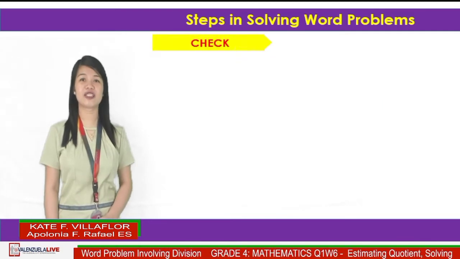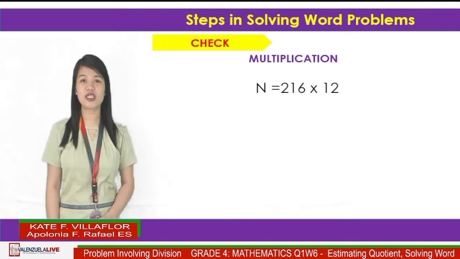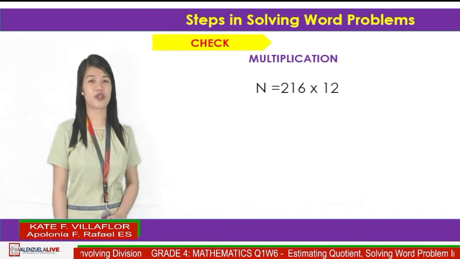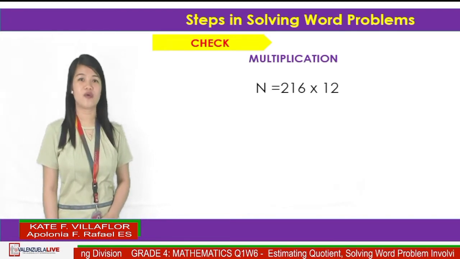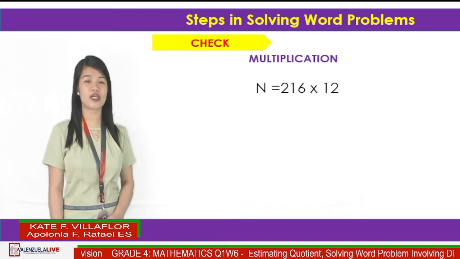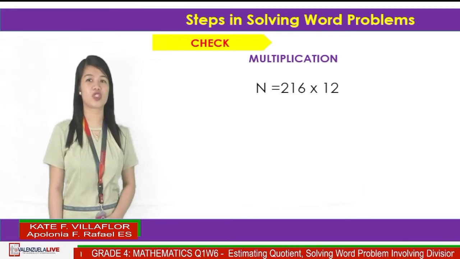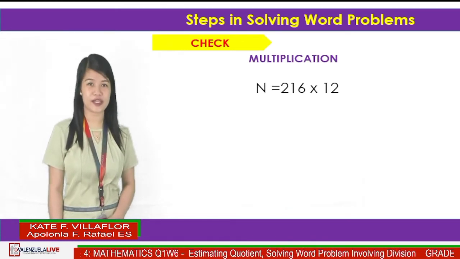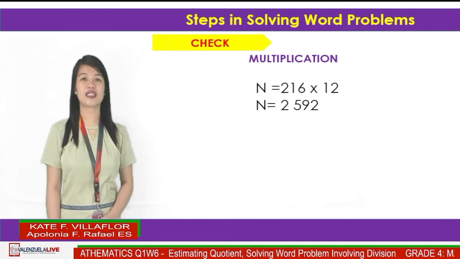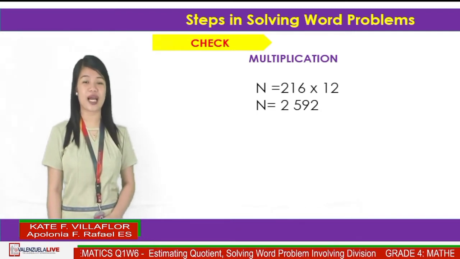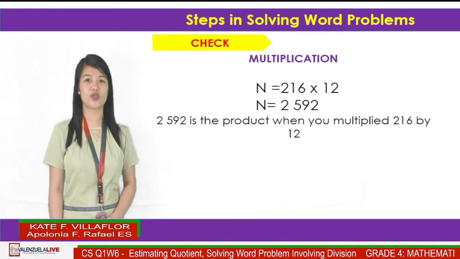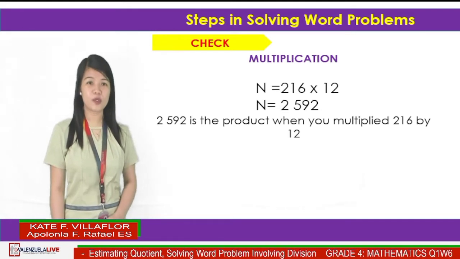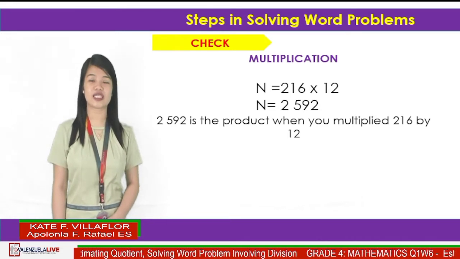Let's check the answer. We're going to multiply the quotient and the divisor. 216 is our quotient and 12 is our divisor, because 12 is the total number of months in 1 year. That is equal to 2,592. 2,592 is the product when you multiply 216 by 12.